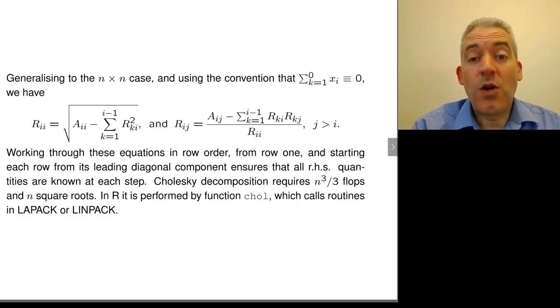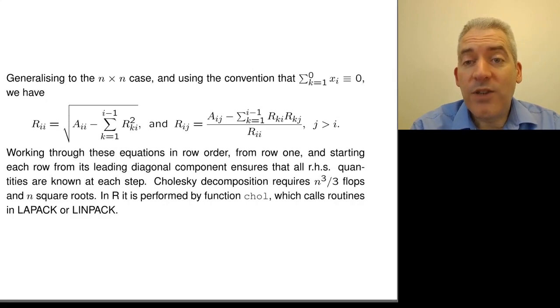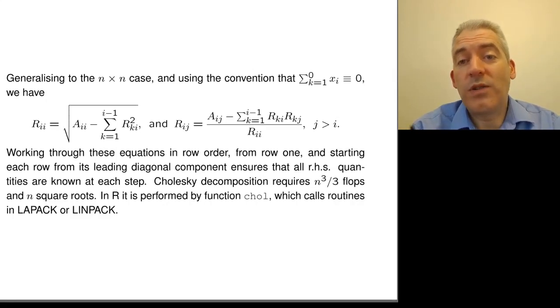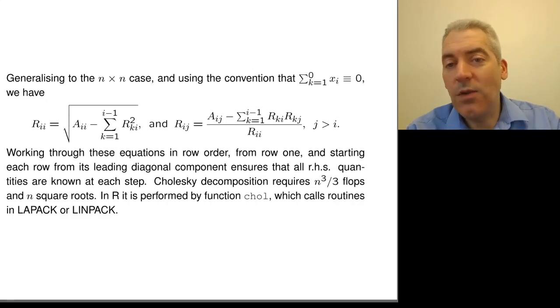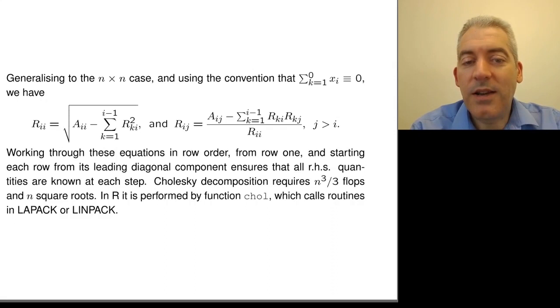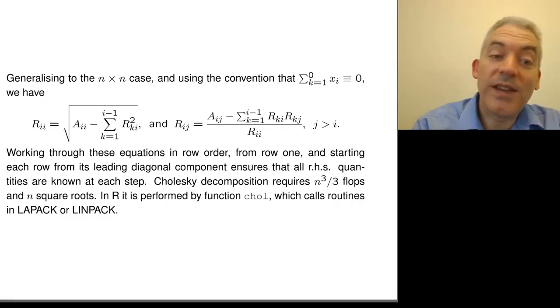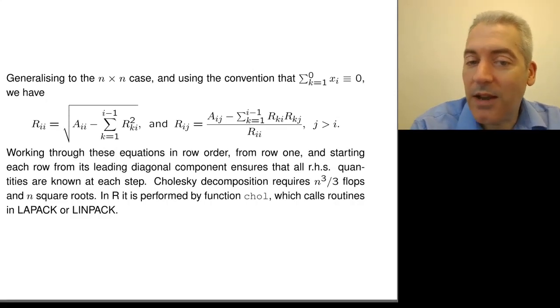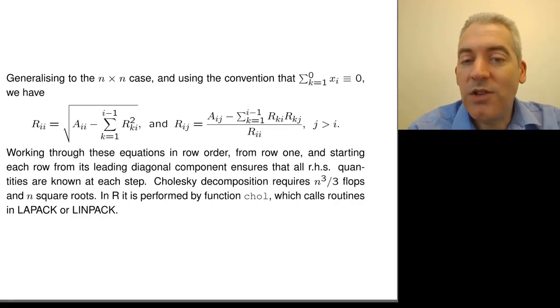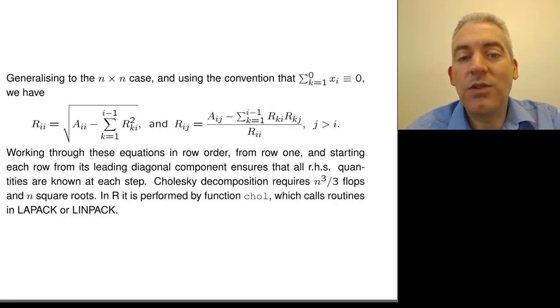So it's a relatively cheap operation, relatively numerically stable, and it gives you a triangular matrix, which turns out to be very, very useful in lots of contexts. Again, you don't have to code this up yourself. It's performed by the chol function in R, and the chol function in R calls out to LAPACK, and LAPACK probably calls out to BLAS, etc. But the point is, there's just a function in R that will give you this Cholesky triangle.